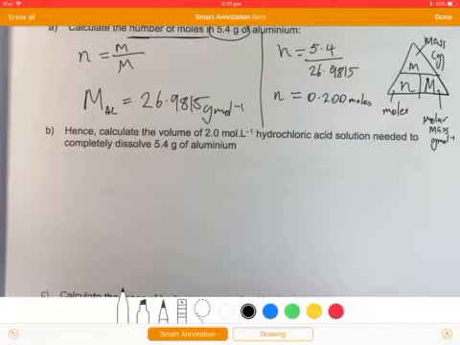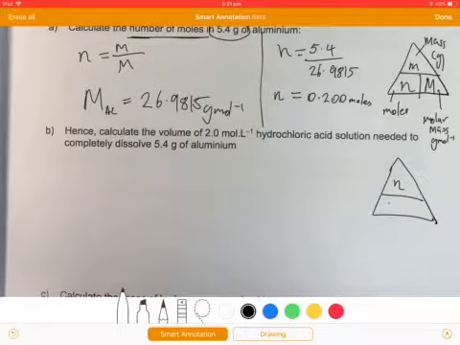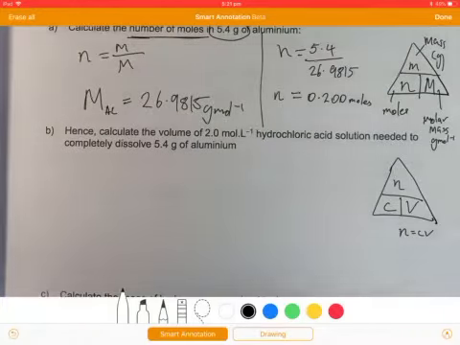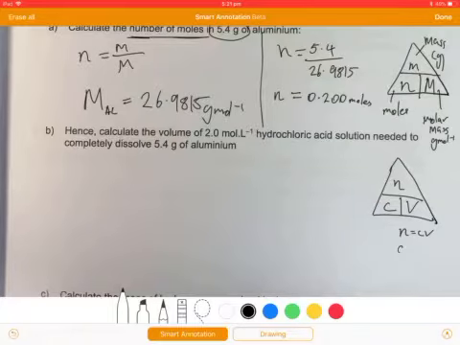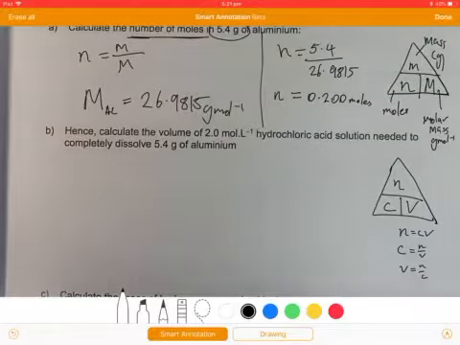So if we think back to our other triangle, you've got N equals CV, C equals N over V, and V equals N over C.